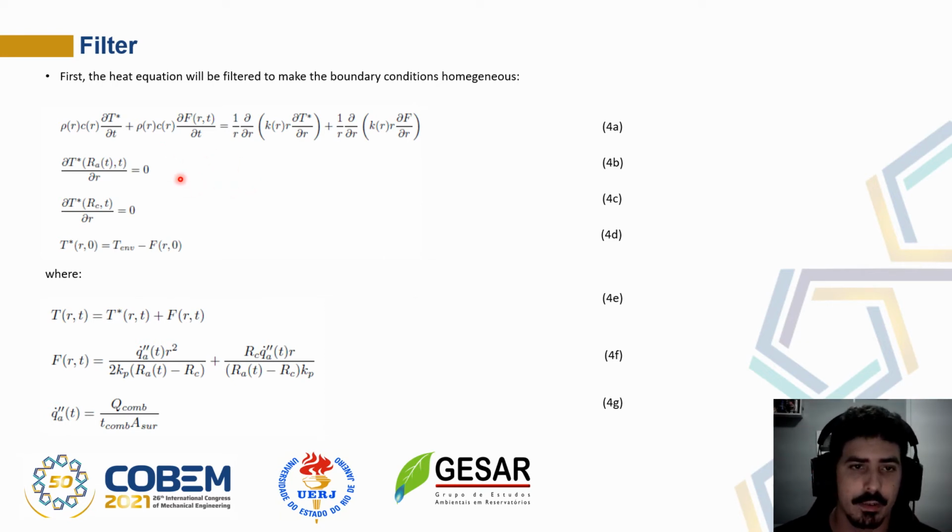These are the new boundary and initial conditions, where this is the definition of the temperature with the filtered temperature and the filter, and this is the heat flux, where Q is the heat of combustion, T is the time of the combustion, which is 4 seconds, and A is the surface area of the propellant.